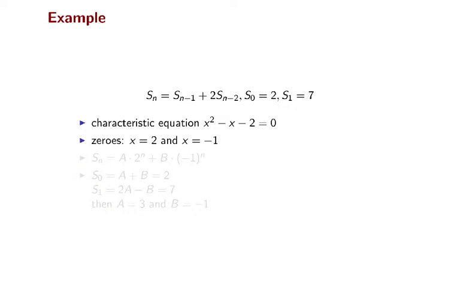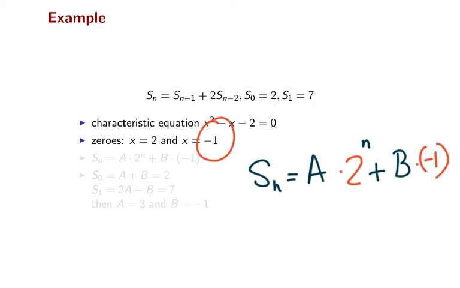With the zeros 2 and minus 1, you set up the formula as we said before. Sn will be equal to a certain unknown times 2 to the n plus a certain unknown times minus 1 to the n.